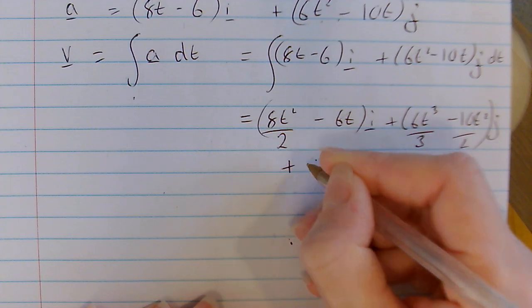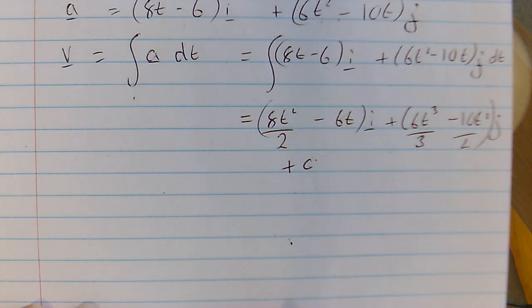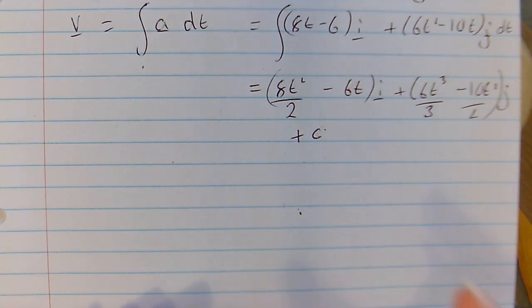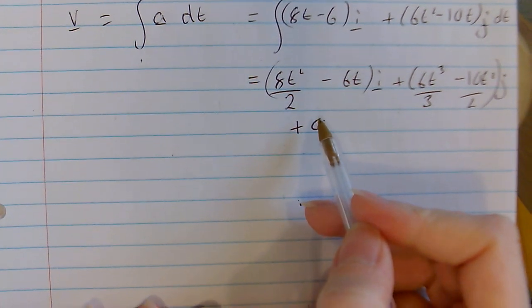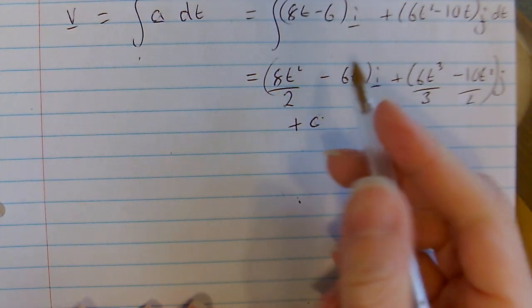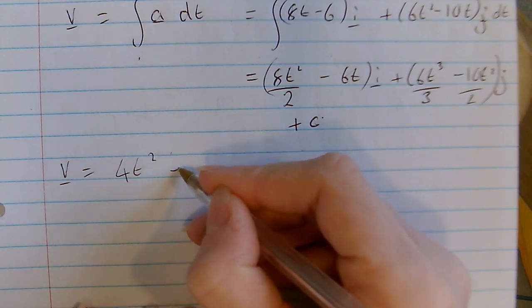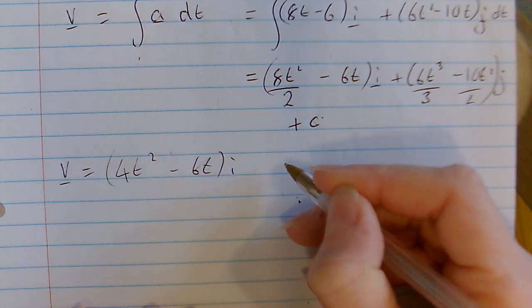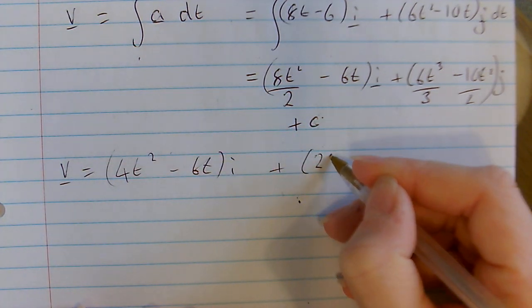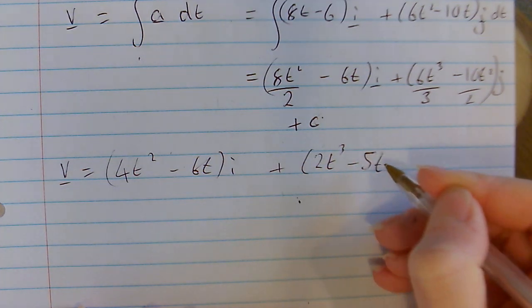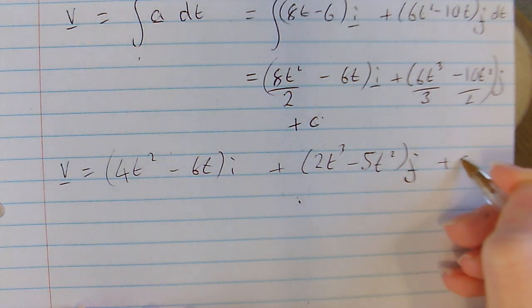I've run out of room, but don't forget your plus c. Simplifying this, I end up with v equals (4t squared minus 6t)i plus (2t cubed minus 5t squared)j plus c.